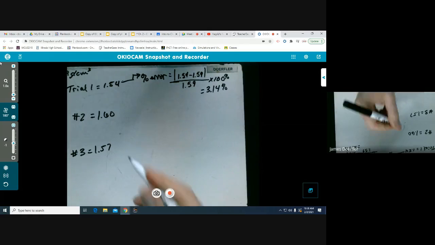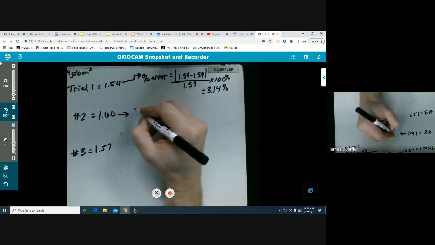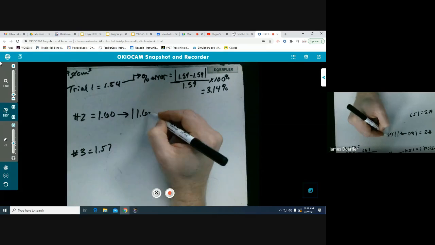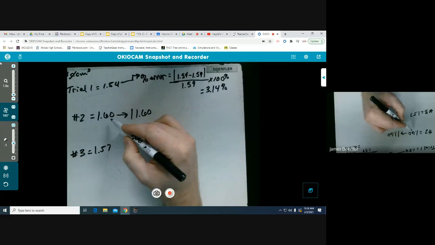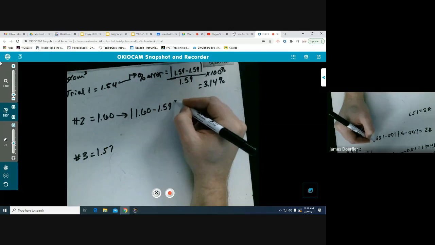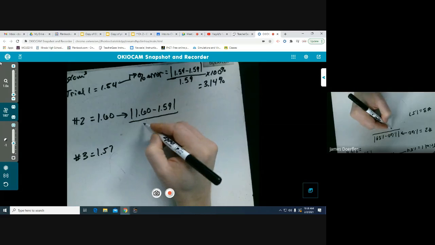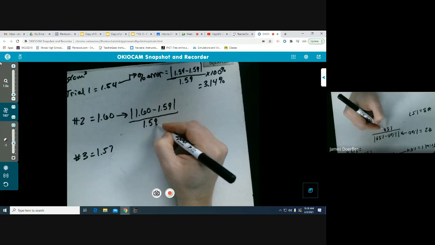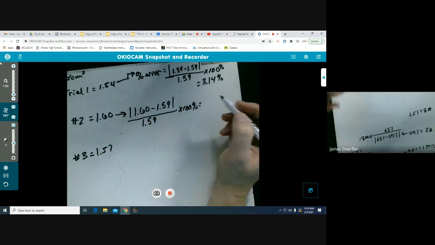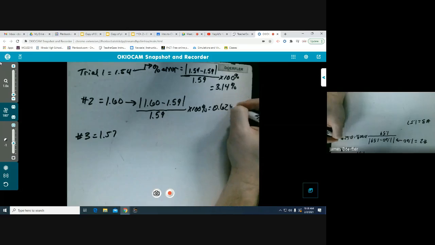Okay. And so we have to do the final 2. And so we do the same thing. Okay. Absolute value of our measured value, which is 1.60. Okay. That's in our data table. Minus the actual value of 1.59. Close the absolute value. Divided by the actual 1.59 times 100%. 0.62%.